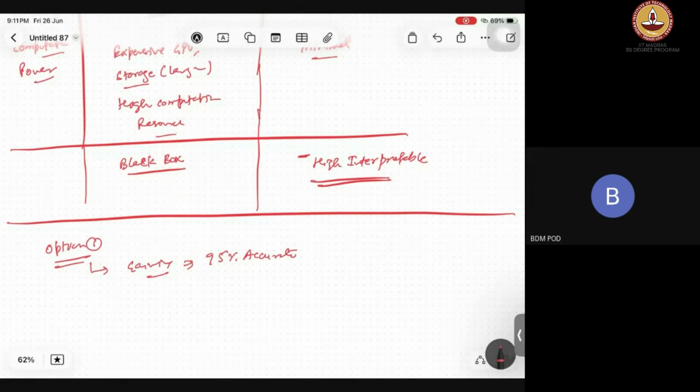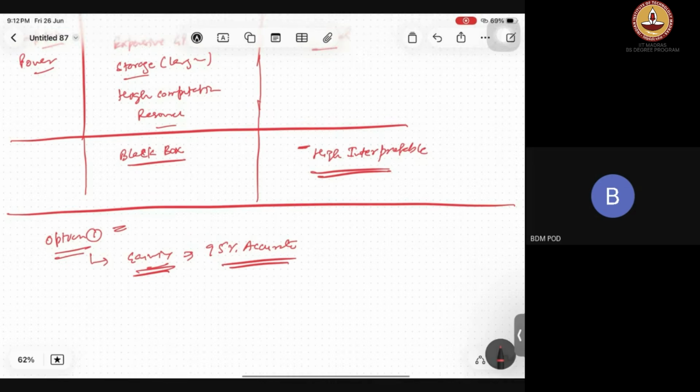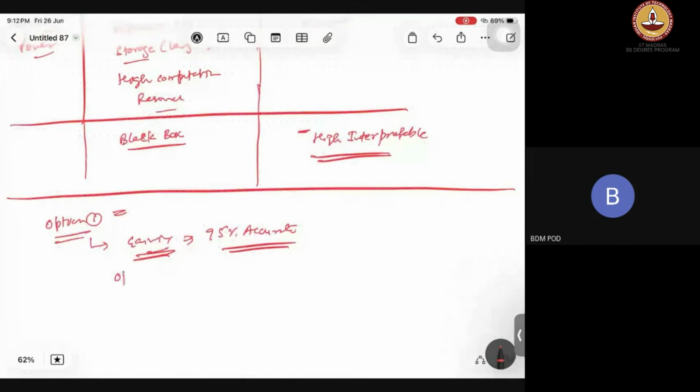But you are only gaining accuracy. If you give up model number two, what you are losing is your opportunity cost.